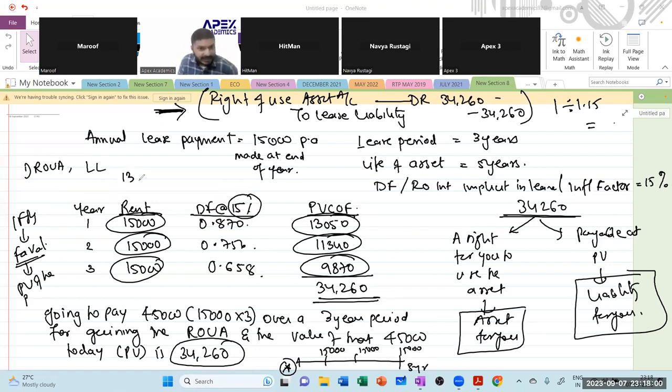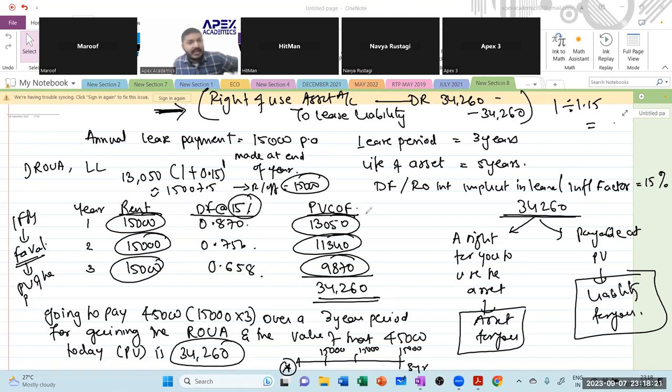You can look at it like this: 13,050 multiplied by 1 plus 0.15 raised to 1, so 13,050 multiplied by 1.15. Your answer approximately comes to 15,007.5, which I'm rounding off to 15,000.